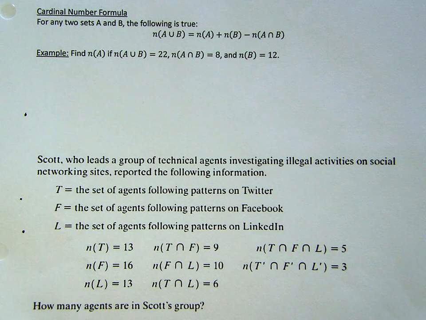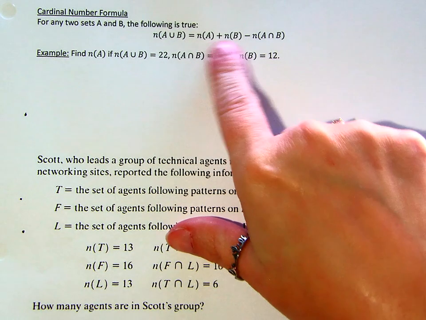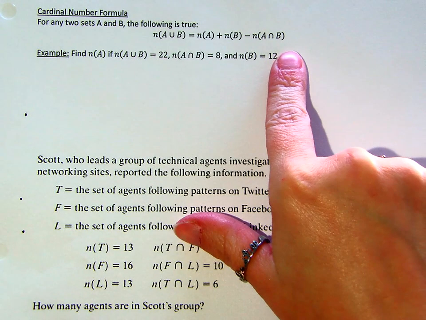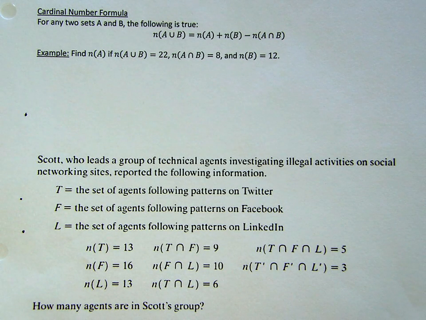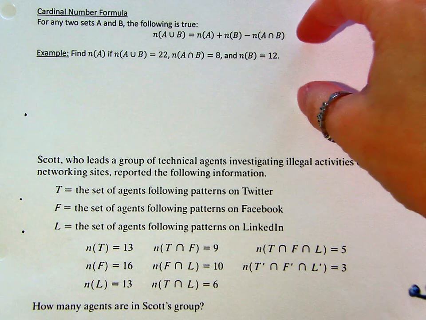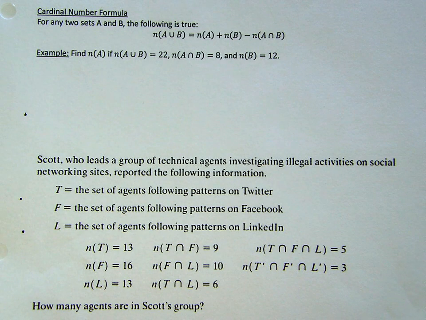And so the nice thing about the cardinality formula is it allows us to come up with the union number or the intersect number or any of our individual numbers just based on this formula. Because they will give you 3 of the pieces and you will be able to figure out the 4th, to where it really becomes more of a plug and chug style problem. These are actually the very first style of problems that come up on your homework for 2.4.